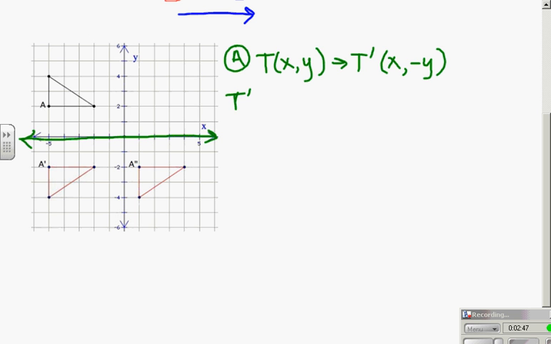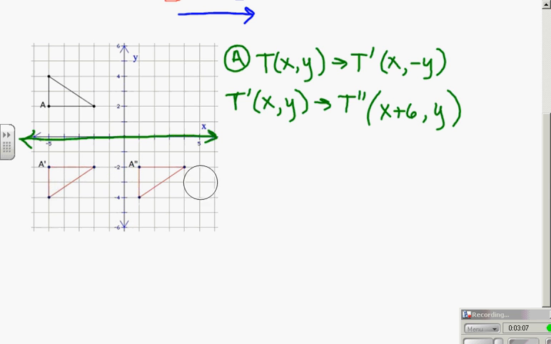Then we took A prime and we made it to its new place by moving it 1, 2, 3, 4, 5, 6 right, and not changing the y. So I reflected and then slid.